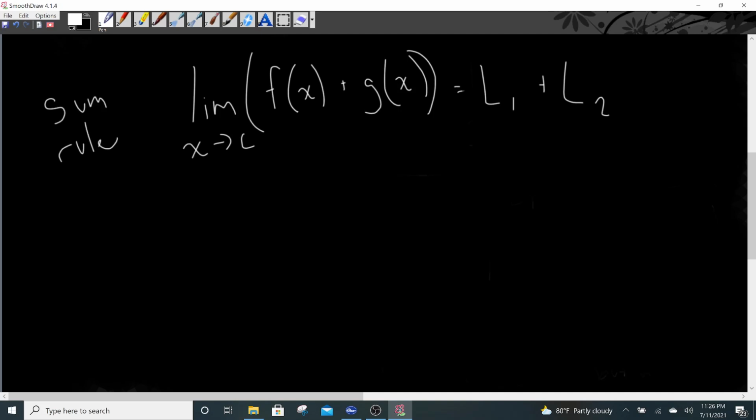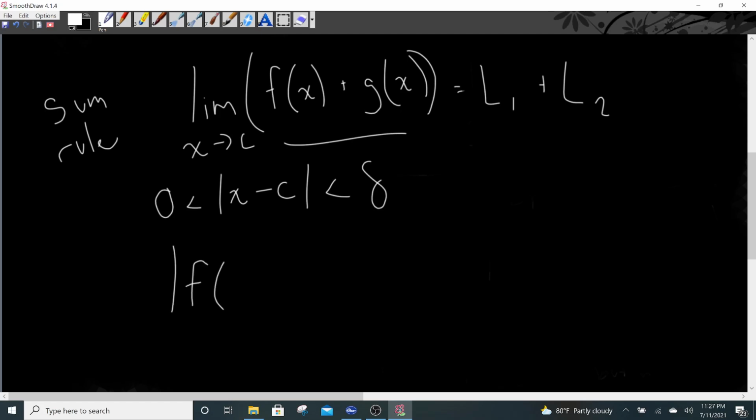And this is going to be a proof. I'm not trying to show you how to use the sum rule. I'm just saying if we acknowledge this as true, we're going to have to find some reasons why this is true. So we're going to go back to our delta epsilon definition. We have our expression, 0 is less than the absolute value of x minus c, which is less than delta. Almost put epsilon. Yes. And instead of having f of x, we're going to have the absolute value of f of x plus g of x.